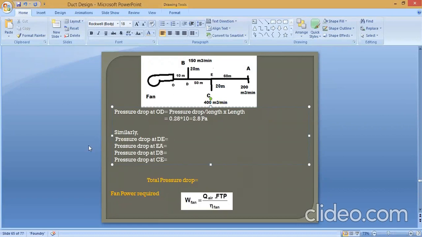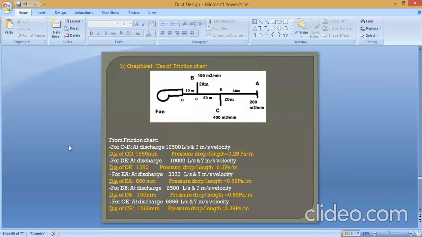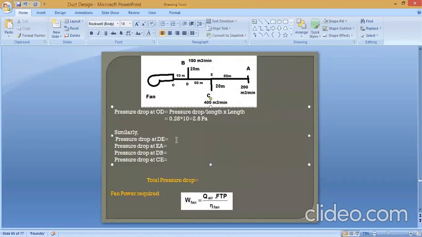Similarly, we can calculate for DE. Length is 50 and pressure drop per unit length is 0.3. So 0.3 into 50 is 15 Pascal.